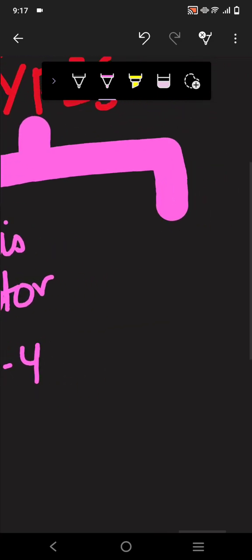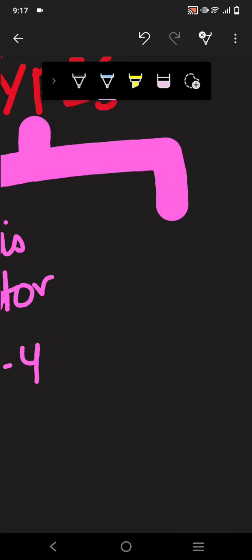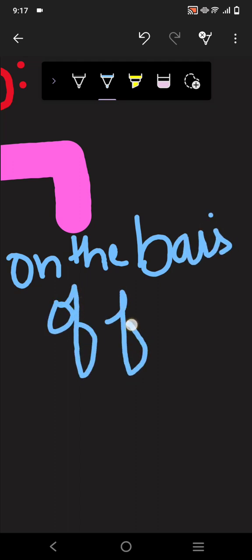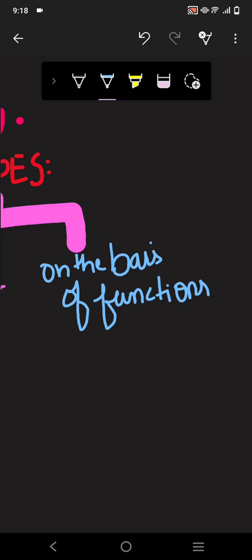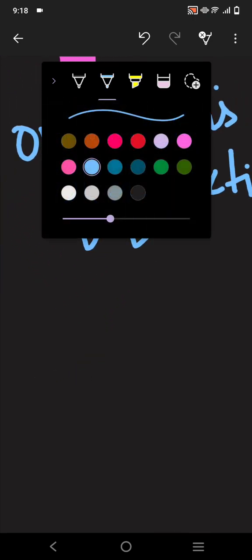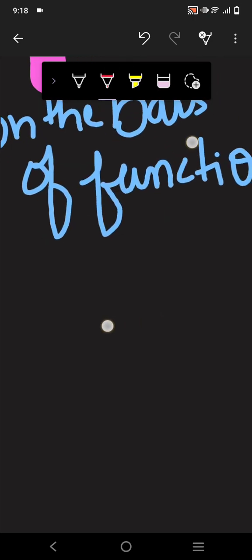Another is that they are classified on the basis of their function. According to function, they are divided into four.